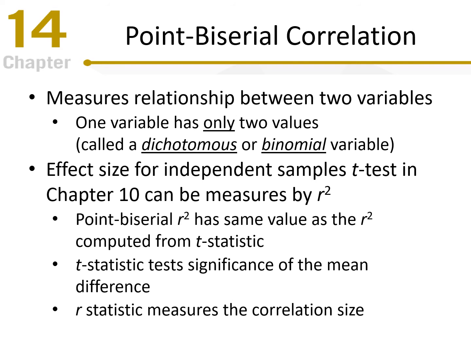But if that's the point of calculating the correlation, why not just do the t-test? Because that'll give you the exact mean difference, so it gives you more information. It gives me the exact mean difference when I do a t-test, versus the point-biserial correlation, where it just gives me a value of the association. So I'd prefer running a t-test instead of doing the point-biserial correlation, because they're really the same thing.